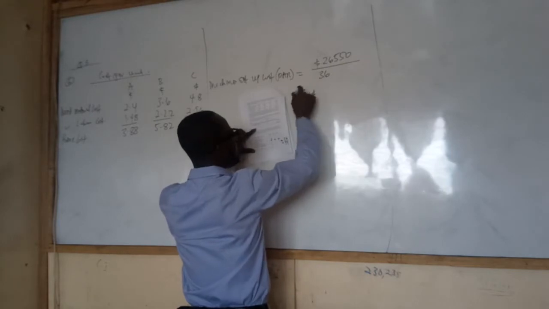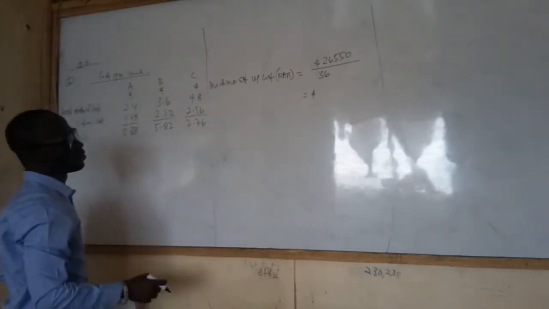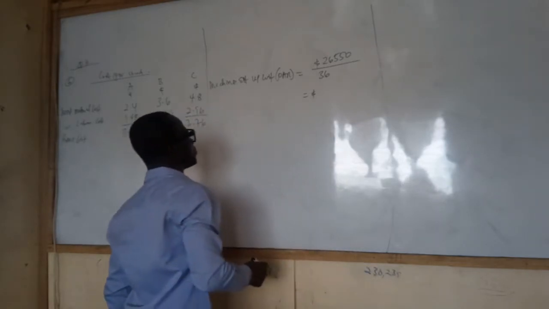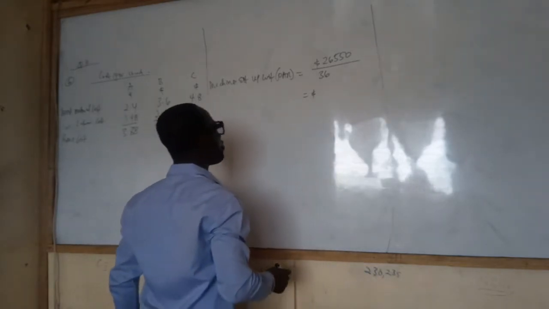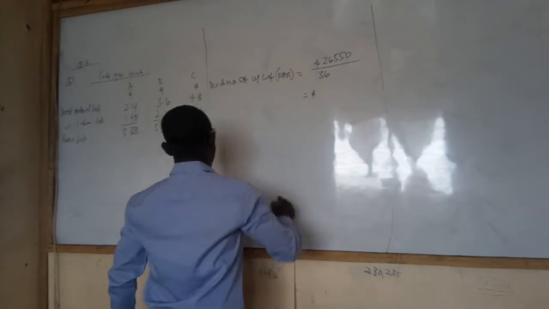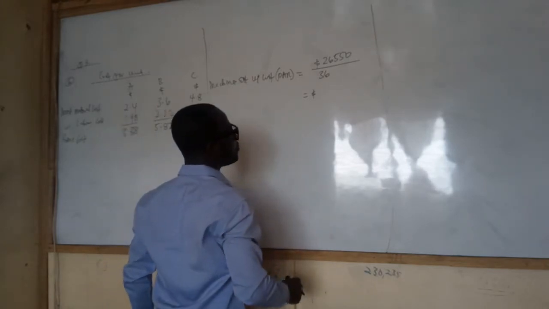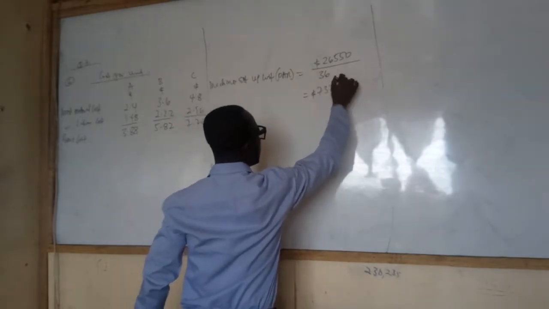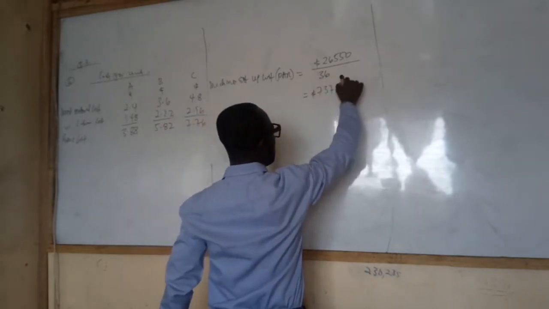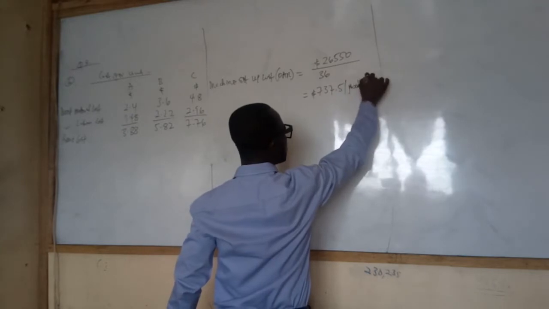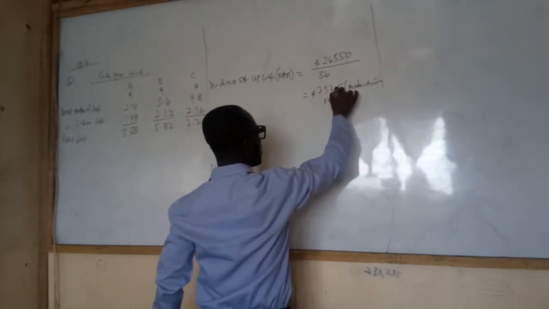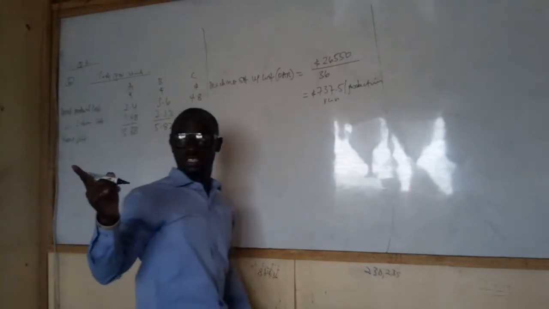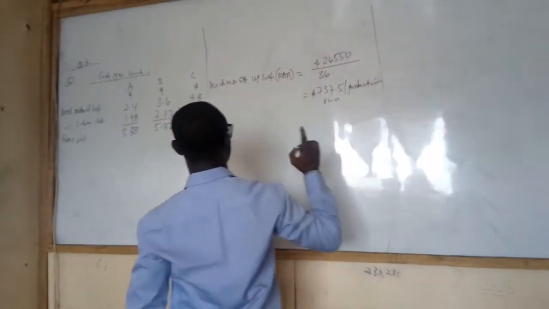So what do we have? $737.5 per what? Production run. So John, this is where you missed it, so make sure that you get the concept well.